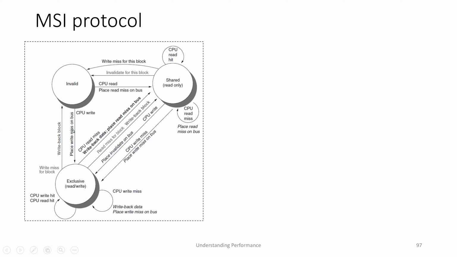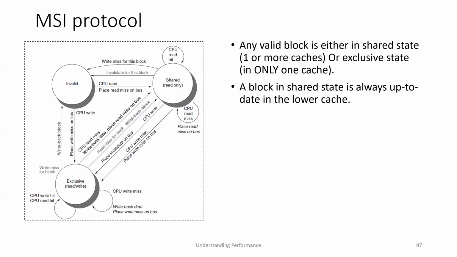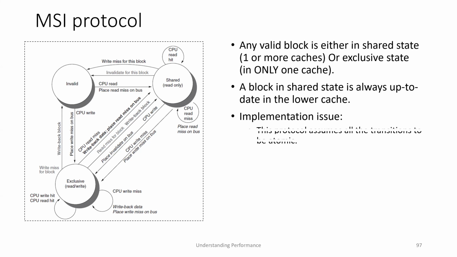Okay, now if there is a write miss for the block, then we go to the invalid state, saying that okay, we need to fetch it from the memory, and the moment it comes back, we will go to the exclusive state or shared state, the way we would have requested. Okay, so these kinds of detailed protocols are very well suited to implementation, right?